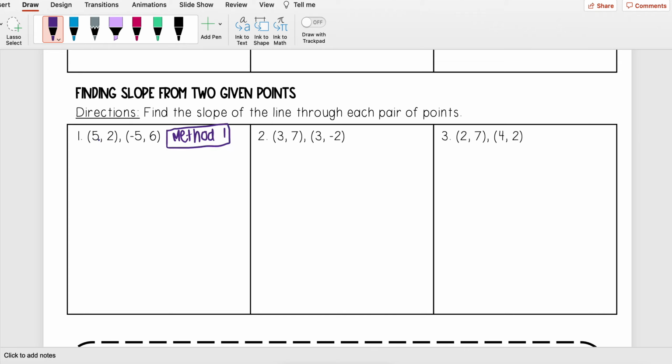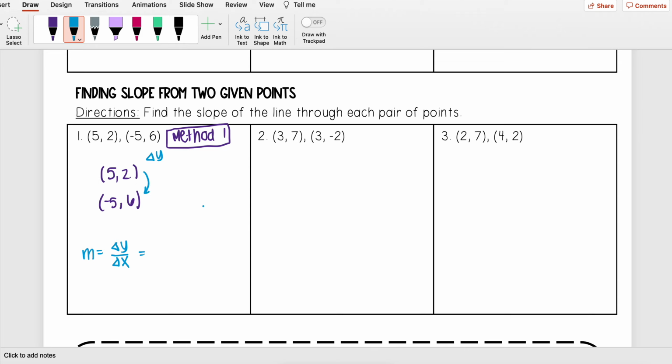So the stacking method, I'm going to take these 2 points and stack them on top of each other. So I have 5, 2, and negative 5, 6. And now we know that the slope m is your change in y over your change in x. So I'm going to find my change in y first, and how I find that is I'm going to see how I get from 2 to 6.